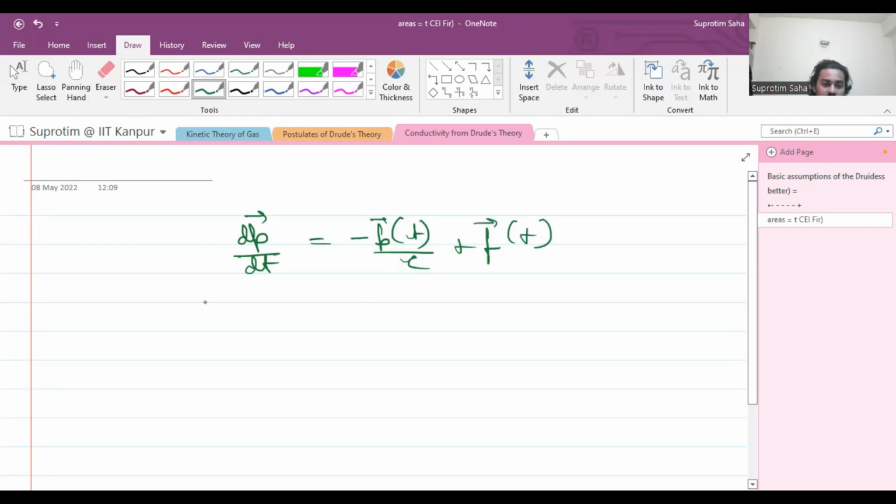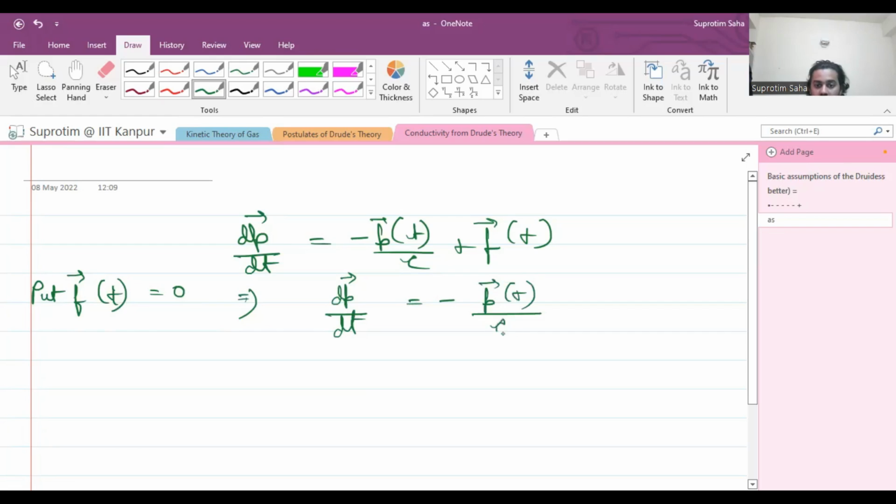What if we put f of t equals 0? That implies dp/dt equals minus p over tau. Solve it. This is very easy.